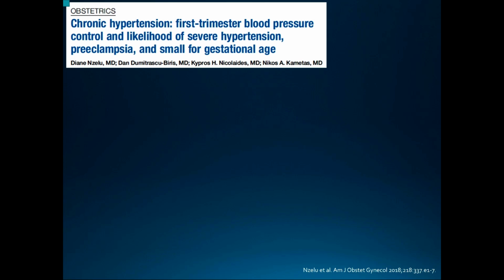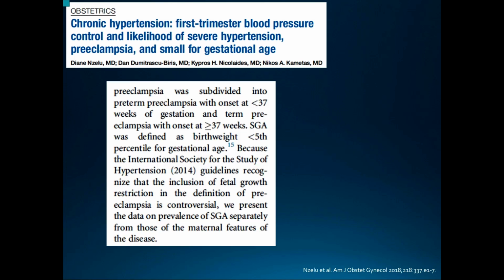This is a nice example from the American Journal of Obstetrics and Gynecology. In the methods section, the researchers do a great job of explaining why they did what they did. And so often this type of explanation and rationale is missing. So without going into the details about this particular passage, I'll just mention that first, the authors explain the premise of their decision about what they did, in this case, including data on SGA separately from maternal features of preeclampsia.